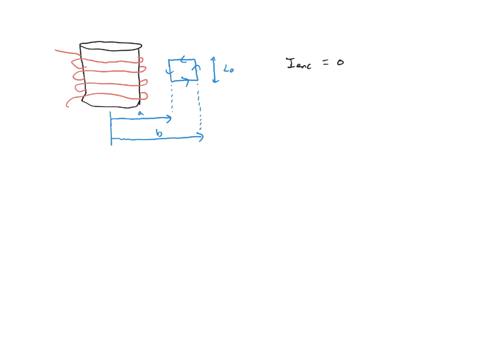And so, if we use Ampere's law, we're considering the line integral of the magnetic field around this loop. What does it look like? Well, we have Bz. We argued that that's the only contribution that we get for a radius s equals a, and we integrate over the length of the line, that's L0, minus Bz at s equals b, integrated over the length of the line, L0.